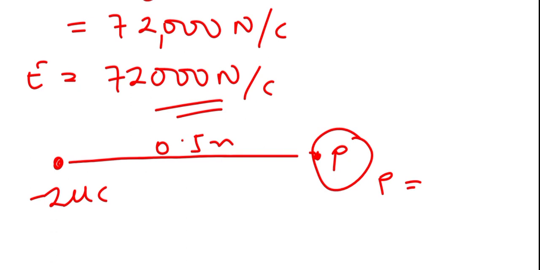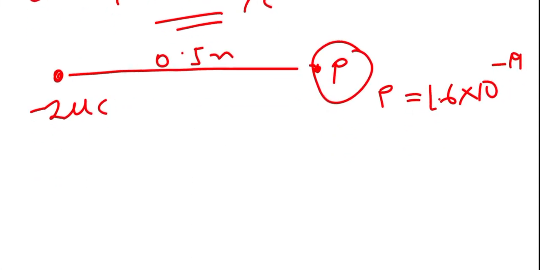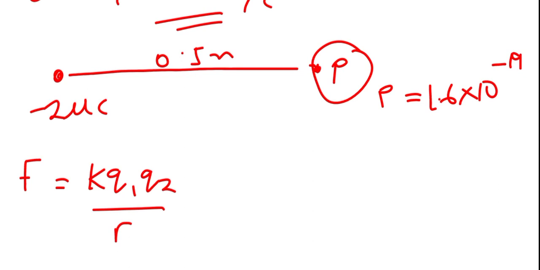The proton has a charge of 1.6 times 10 to the power of -19. So to calculate the force, F has to be equal to Q1 Q2 over r squared.